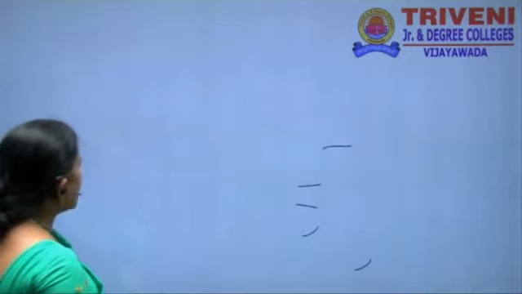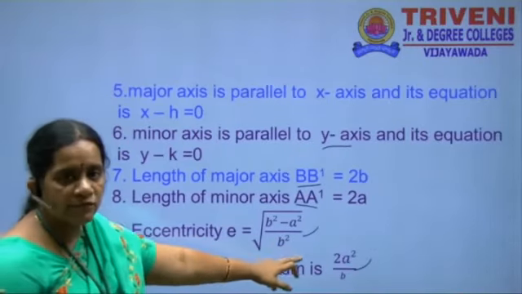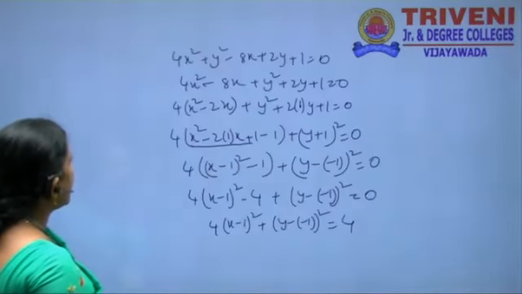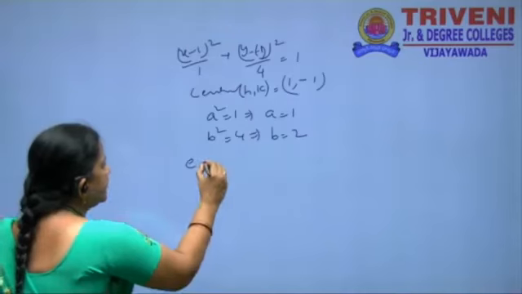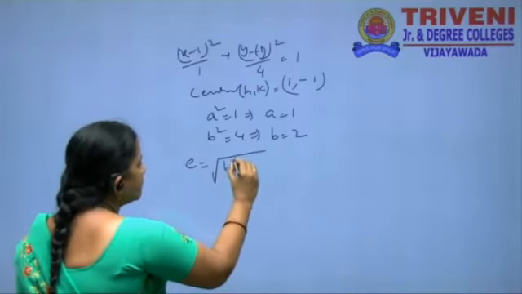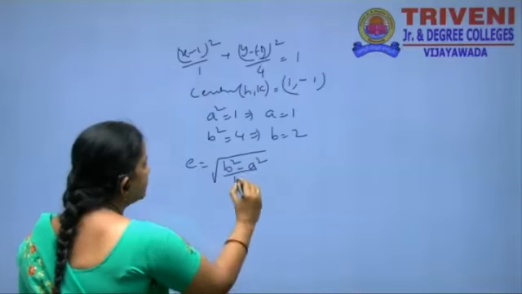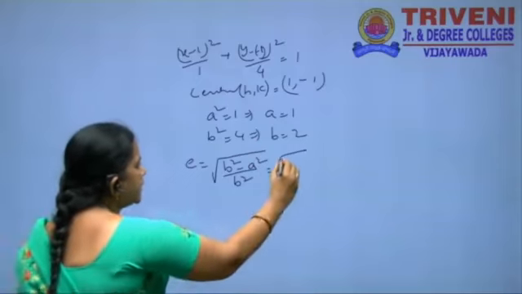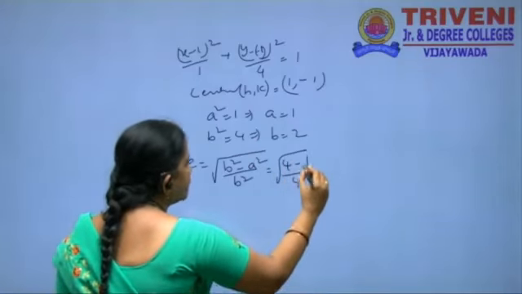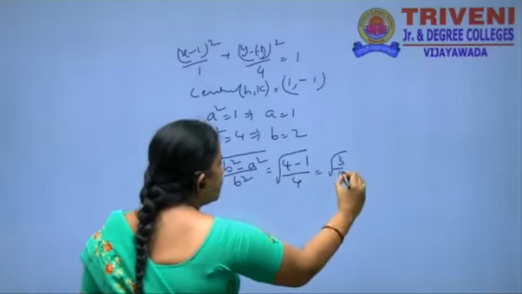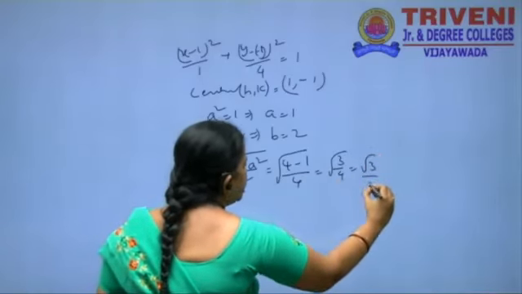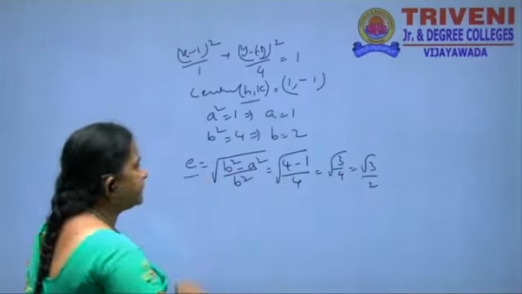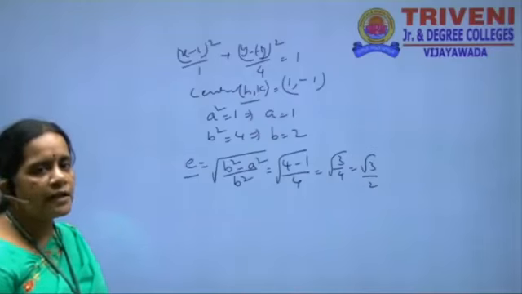The value of eccentricity is square root of (b square minus a square) by b square. Already you know the value of b square is 4. Substitute here, 4 minus 1 by 4. Here root 3 by 4, that is root 3 by 2. The eccentricity is root 3 by 2, and center is h comma k. Up to here we have to find, and then foci.